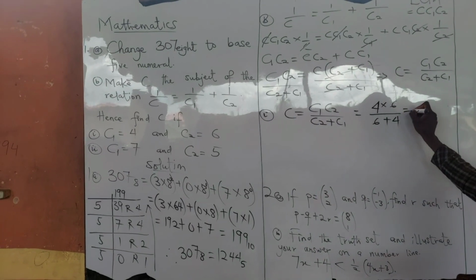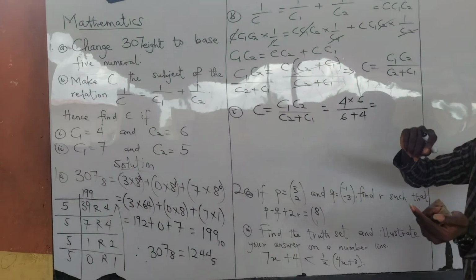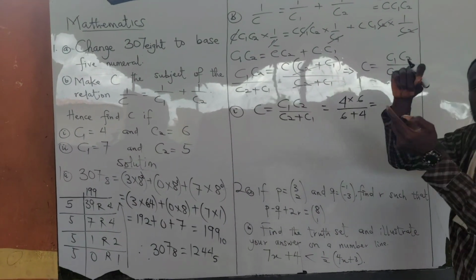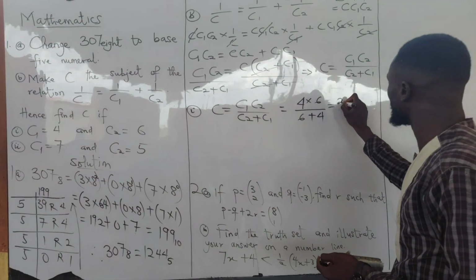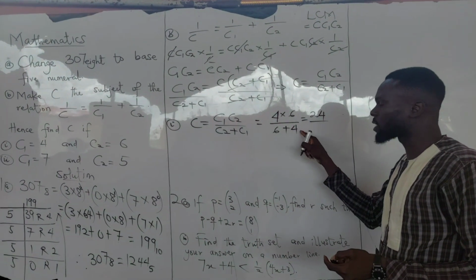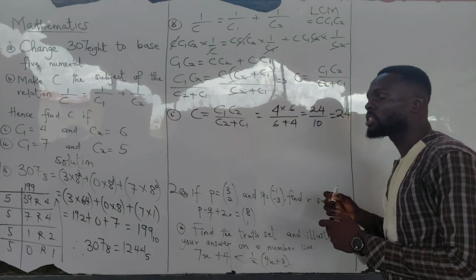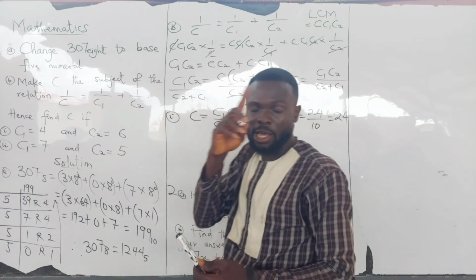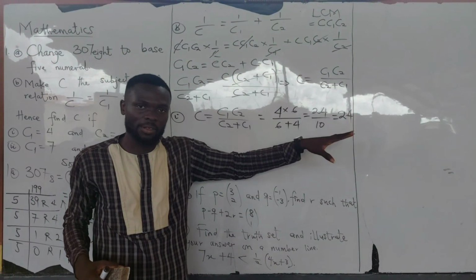So this is going to give you 4 times 6, because C1 C2 is C1 times C2. So 4 times 6 is giving you 24, out of 6 plus 4, which is 10. So our answer is 2.4. Or you can write it in a mixed fraction by getting 2 whole number, 2 out of 5.